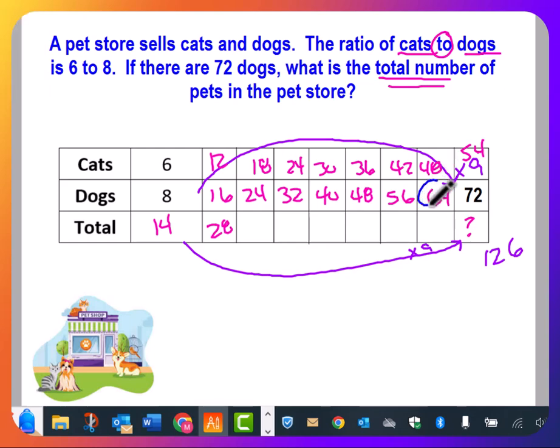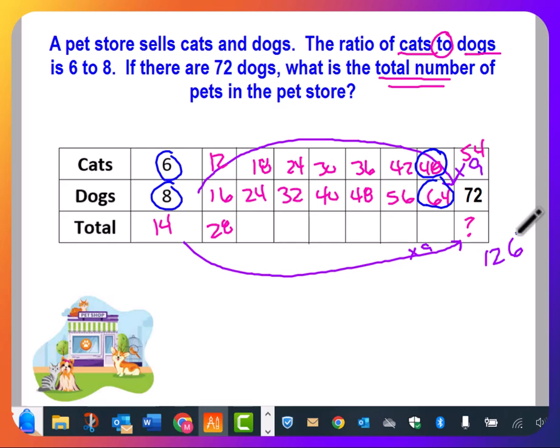You could have added the 64 plus the 8 to make 72. Then you could have added the 6 for cats and the 48 for cats, which would have given you the 54 for the total number of cats. Then added the 54 to the 72 and gotten 126.